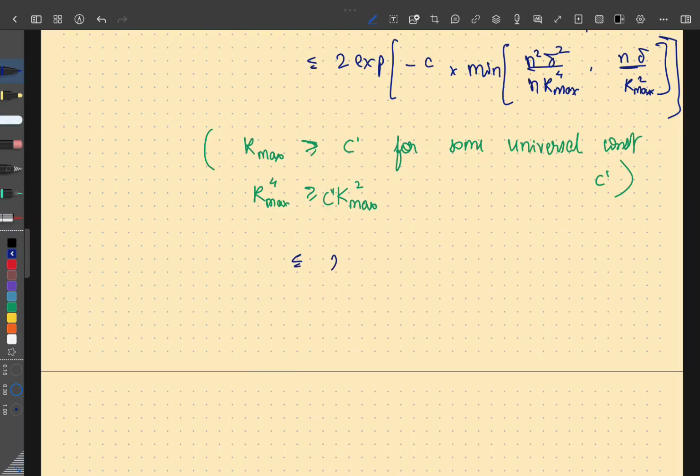So this is upper bounded by 2 times e to the power minus some universal constant times, I can take n by k max to the power 4 outside, times the min of delta square and delta.